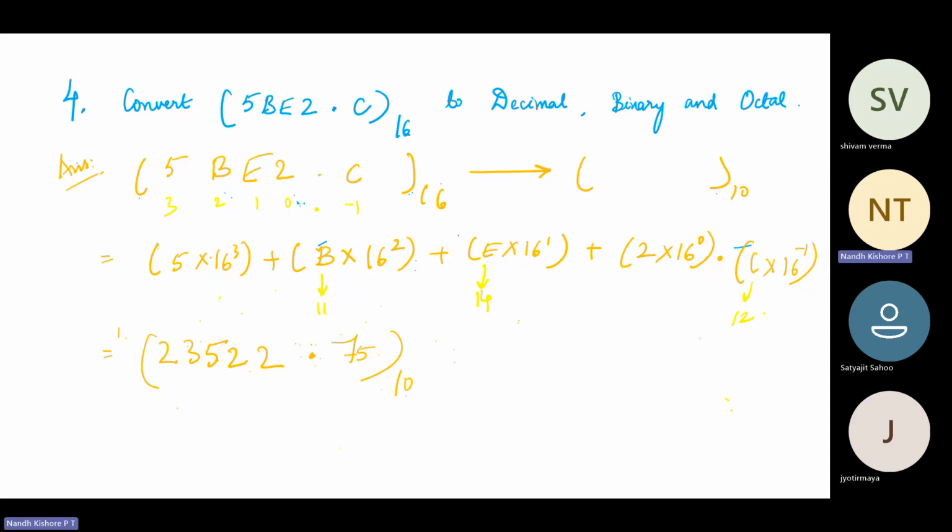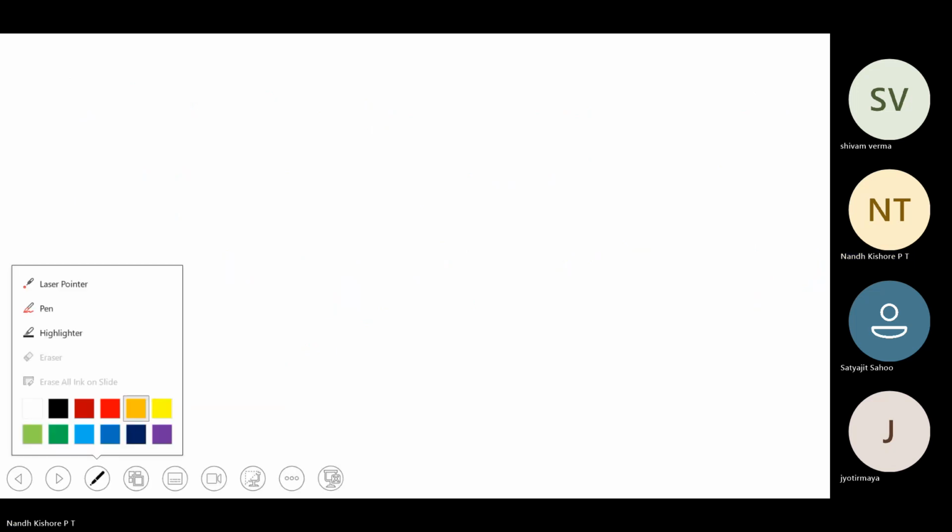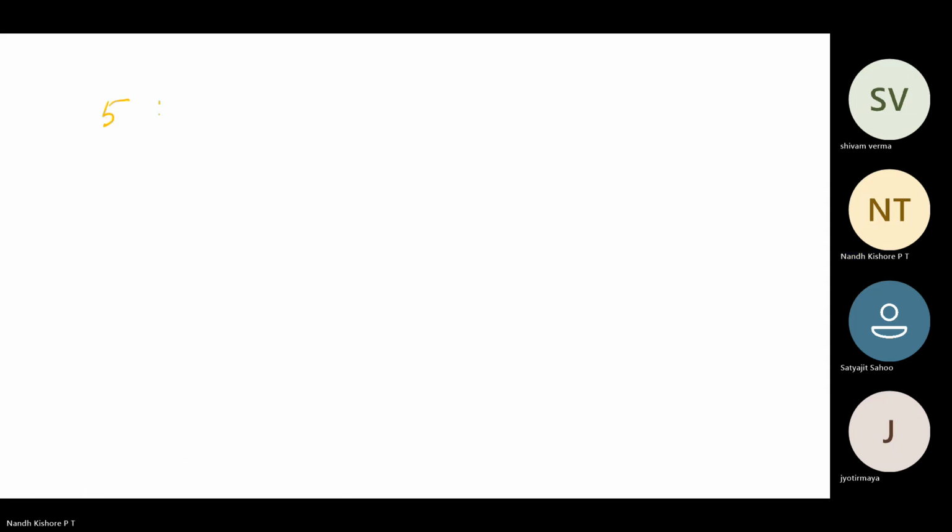Now we have to convert to binary. Okay, that is hexadecimal to binary. So what was the question? The question was 5BE2.C in binary, which is basically we have to write in groups of 4.